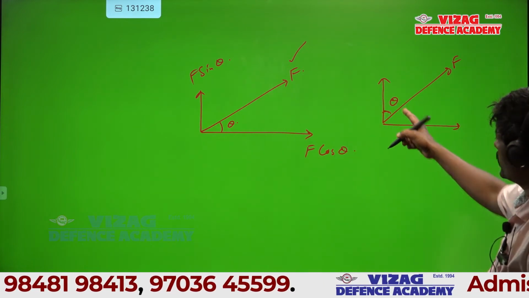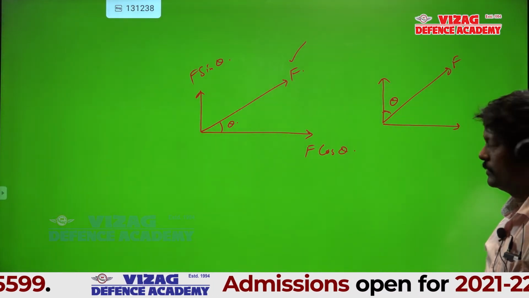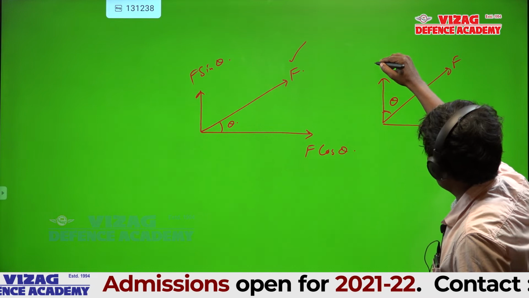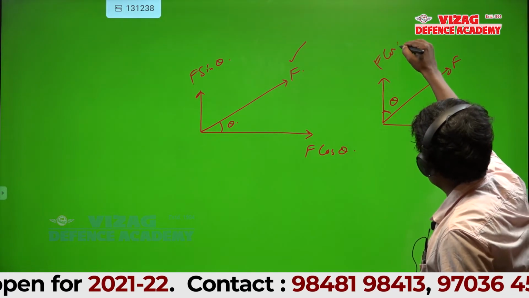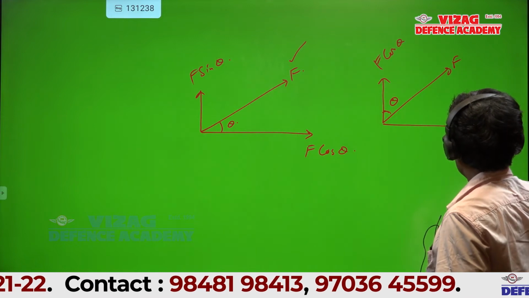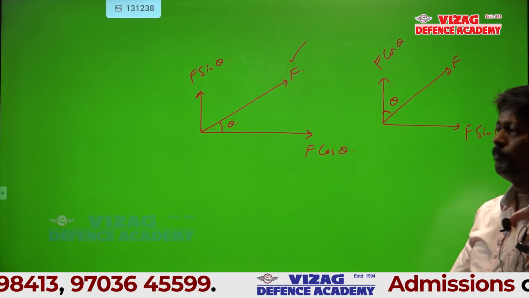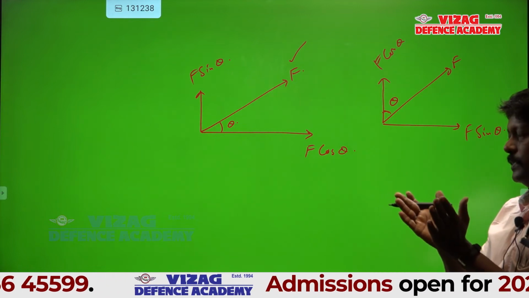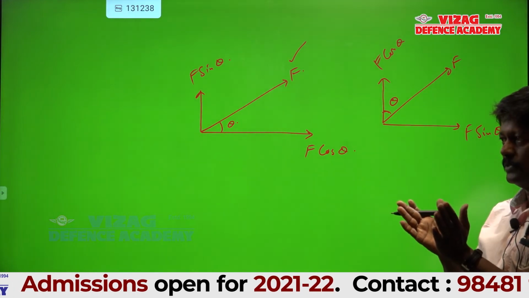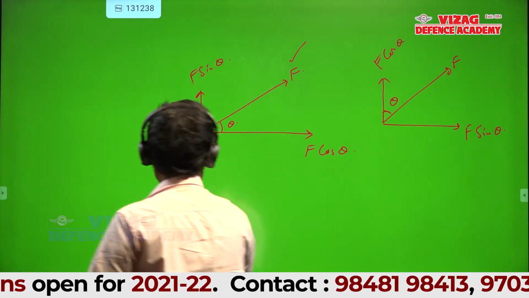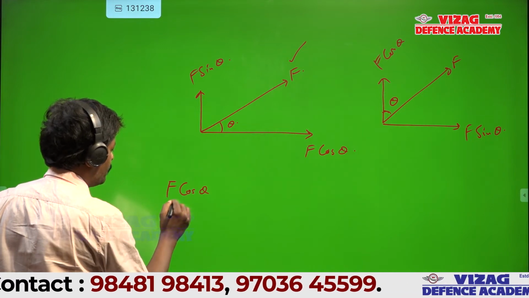Where you have theta, that component will be cos term. So, can anyone tell me this one? F cos theta. Yes, these are called parts of the vector. Those parts are called components. F cos theta, F sin theta.